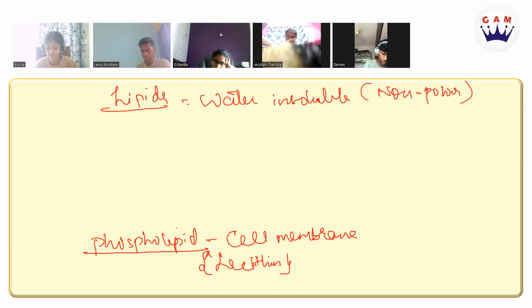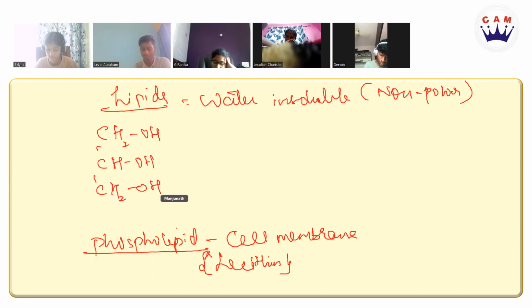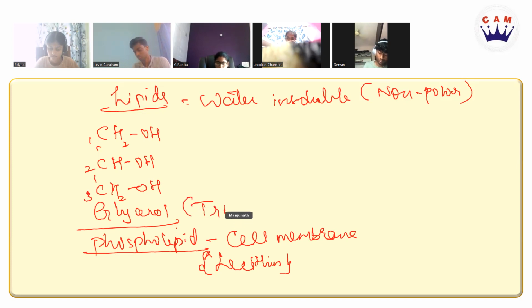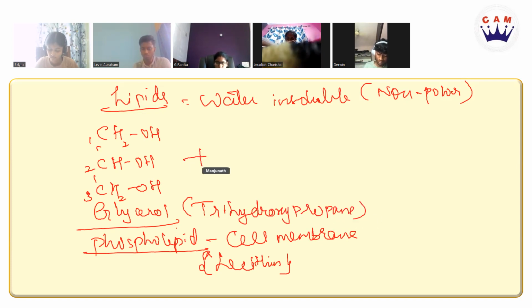Lecithin. There is a glycerol: CH2OH, CHOH, CH2OH. This structure with 3 carbon atoms, carbon 1, carbon 2, carbon 3, you call it as glycerol, or you also call it as trihydroxypropane. So what do you also call it as? Trihydroxypropane. To the glycerol, you will add fatty acid. To the glycerol, what will you add? Fatty acid.